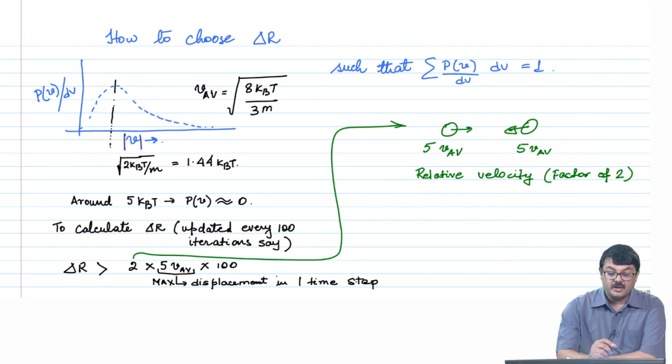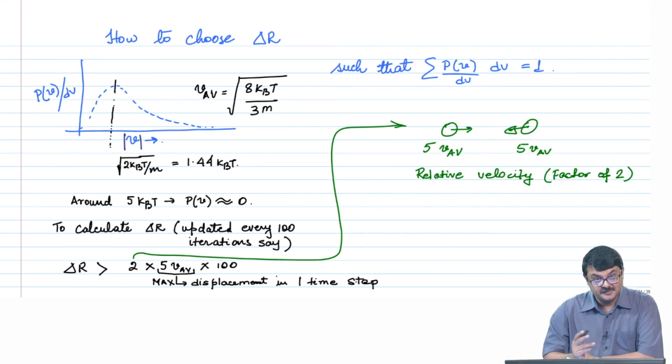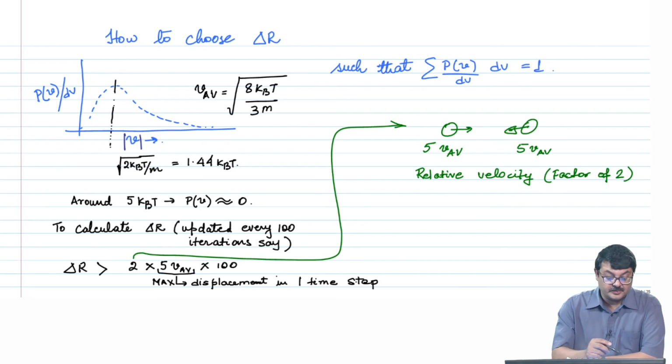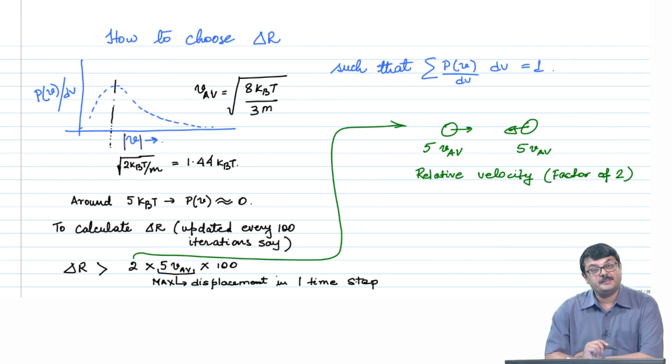If you just revise your kinetic theory of gases, the position of the peak is at root 2 kBT by m. Reminding you that kBT we have chosen to be 1. We are measuring all energies in units of kBT, and m is also chosen to be 1.